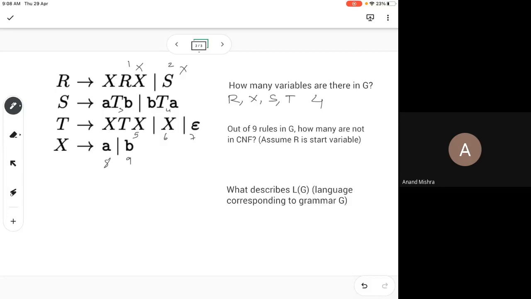So what is CNF? CNF is nothing but A implies BC and A implies a.